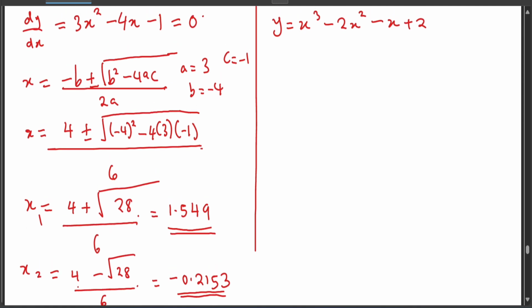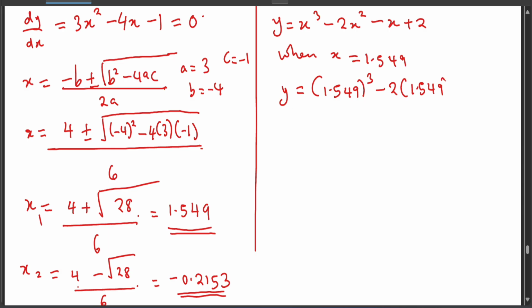So when x is equal to 1.549, then how much will your y be? So 1.549 cubed, minus 2 times 1.549 squared, minus 1.549, plus 2.